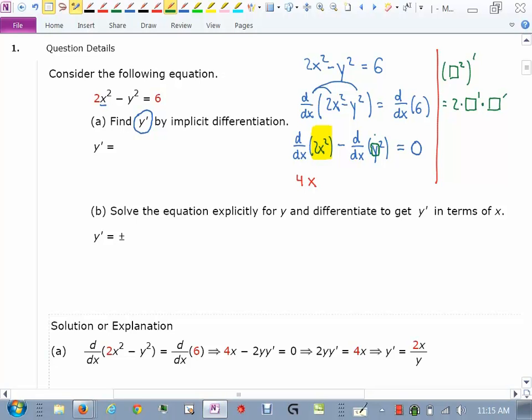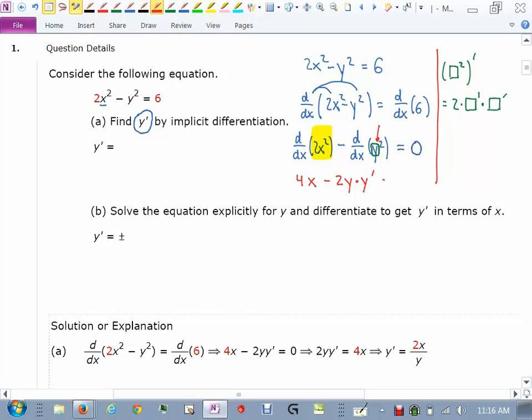So what is the derivative of y squared? Well, the derivative of y squared will be 2y, but then times the derivative of y itself. And the derivative of y is not 1 because we're differentiating with respect to x. So the derivative of y with respect to x is actually y prime, which is exactly what we're looking for in the problem.